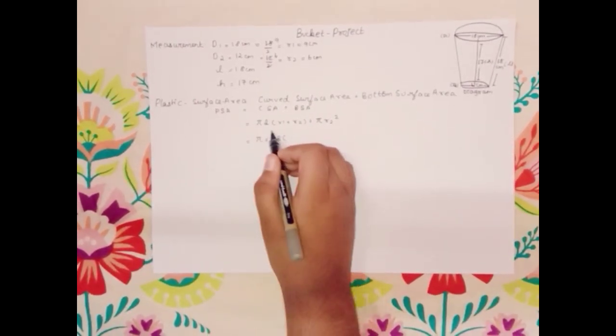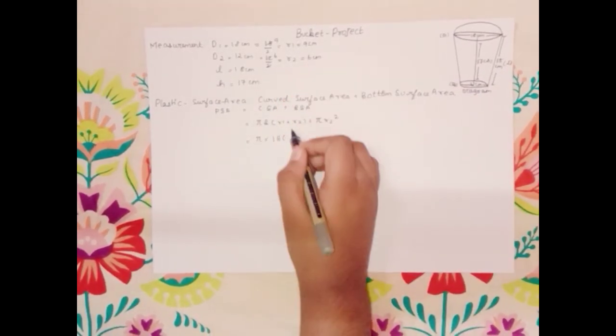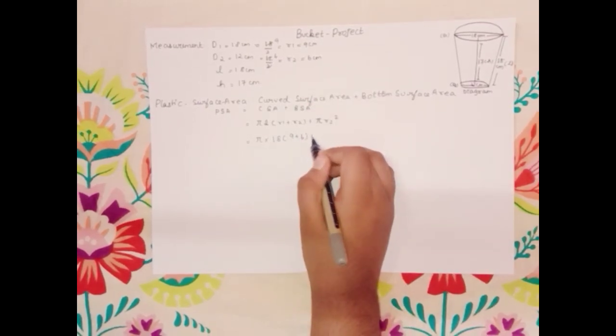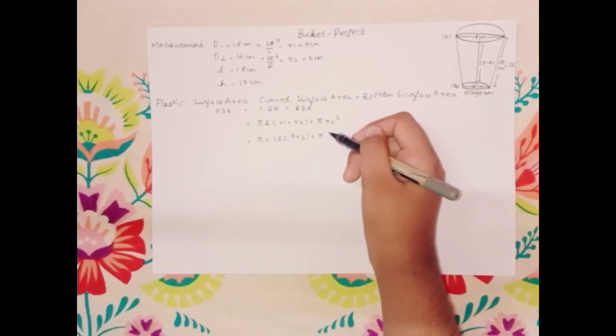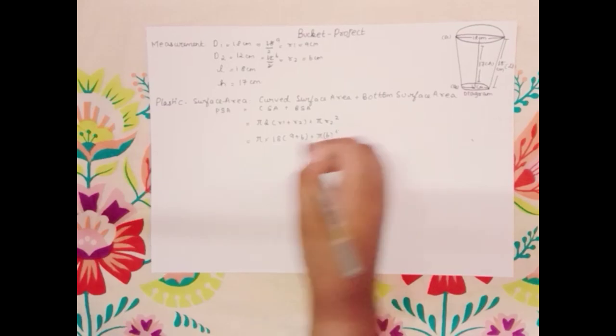So pi into 18, that is slant height is 18 centimeter, R1 is 9 centimeter plus R2 is 6 centimeter, plus again pi. We can substitute the value of pi at the last, and R2 is 6. So 6 the whole square.